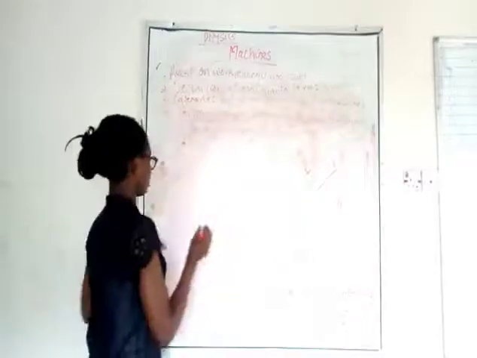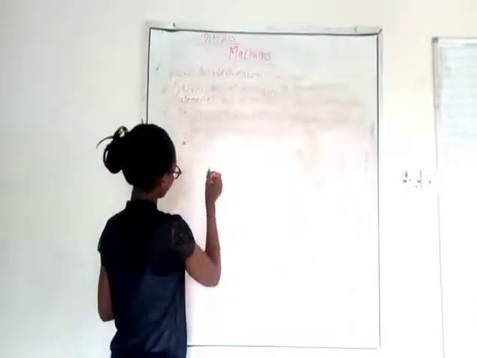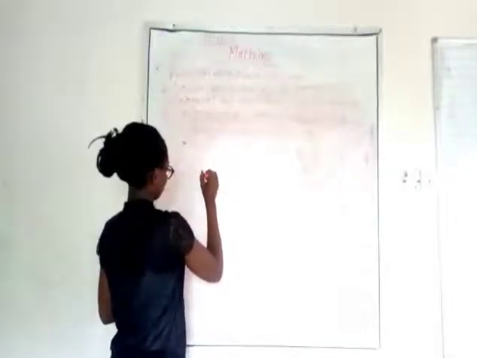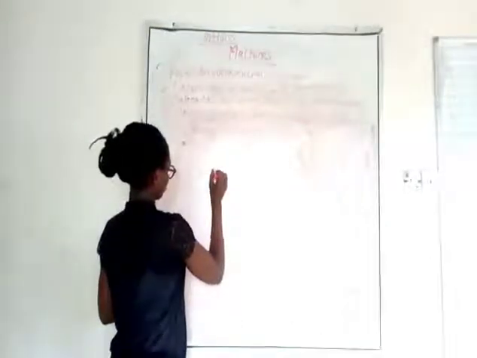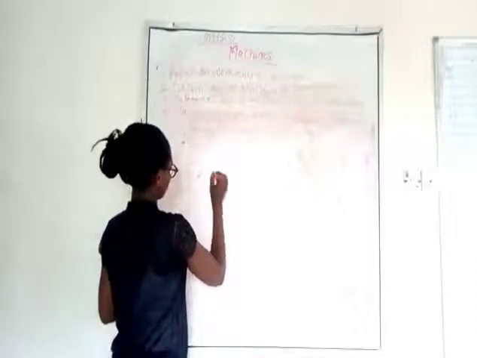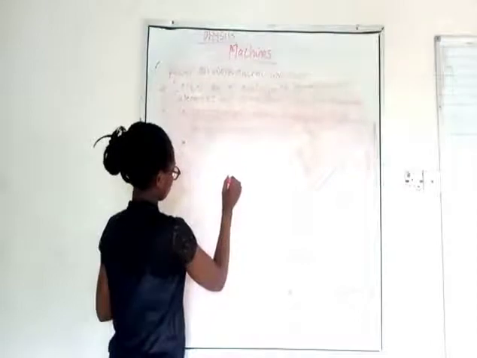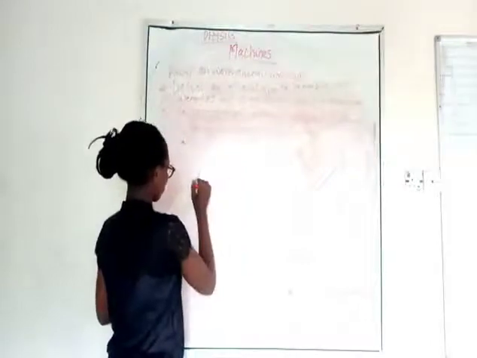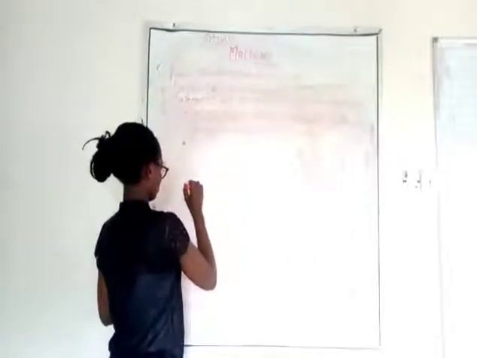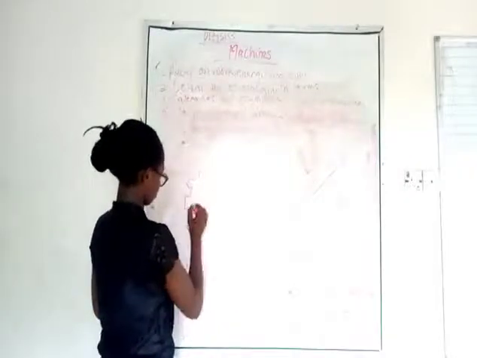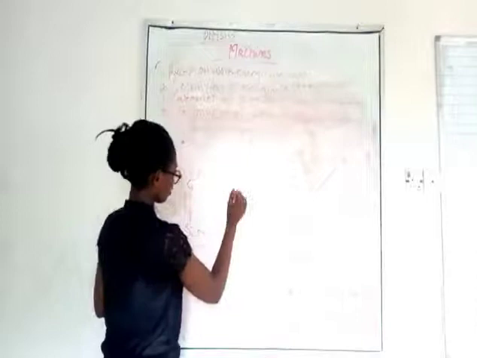So if you have your screw, you have, this is what we call the number of teeth. This is used to form a circle, actually.